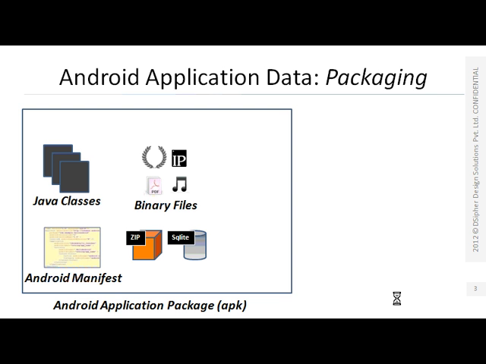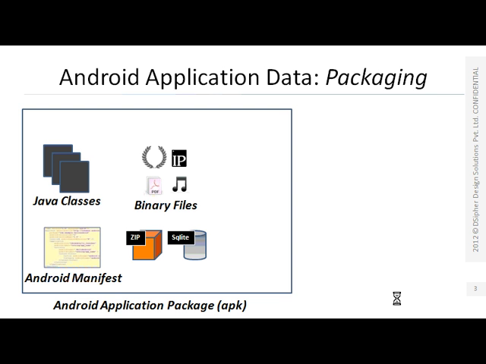As we know, Android is using the Linux kernel, which is a multi-user environment, so each and every user is given a unique identity number, and based on that, the Linux kernel identifies that user.